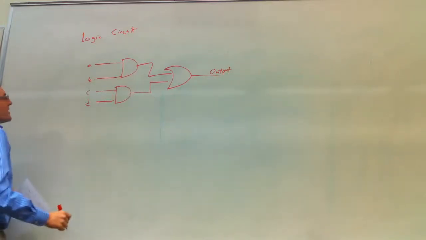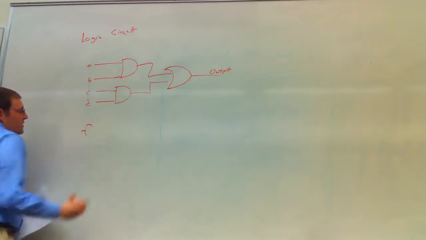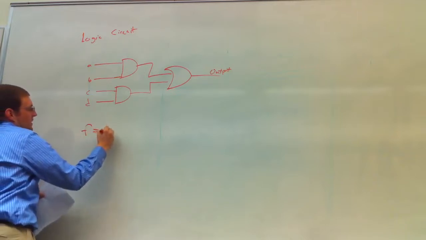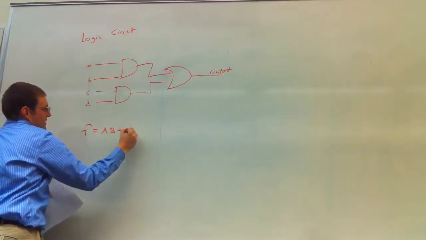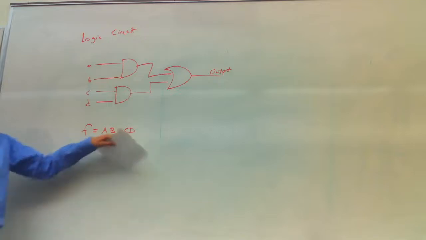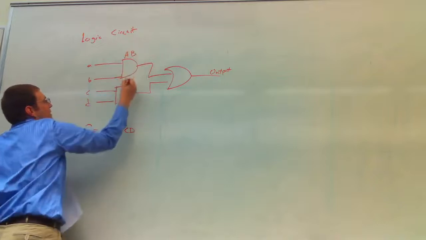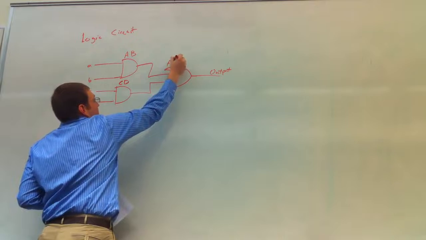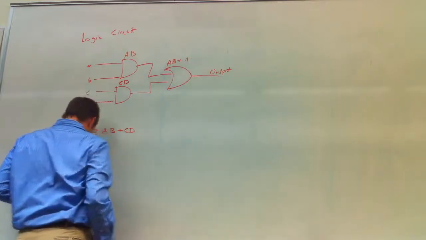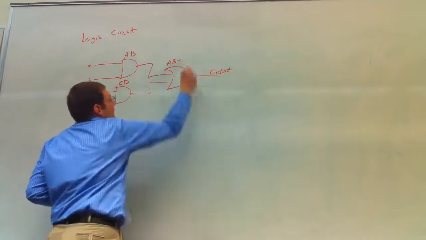If you look at this, this is a circuit diagram or logic diagram of the circuit I have. I can also represent it as a function. So f equals A and B, or C and D. This is AB, this is CD, and this is AB OR CD. Yes, this is OR.